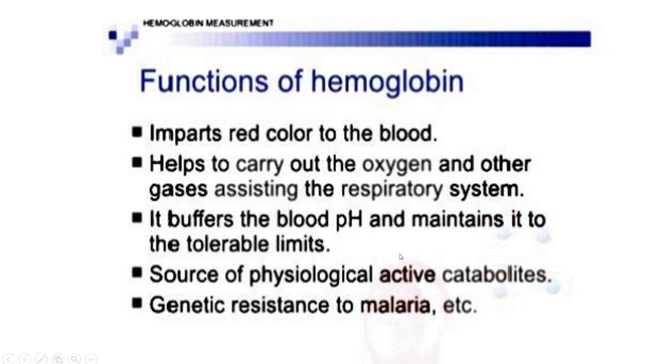It is a source of physiologically active catabolites, and gives genetic resistance to malaria, etc. If I summarize this, hemoglobin performs several parallel biological functions besides its basic function of oxygen and carbon dioxide transport.